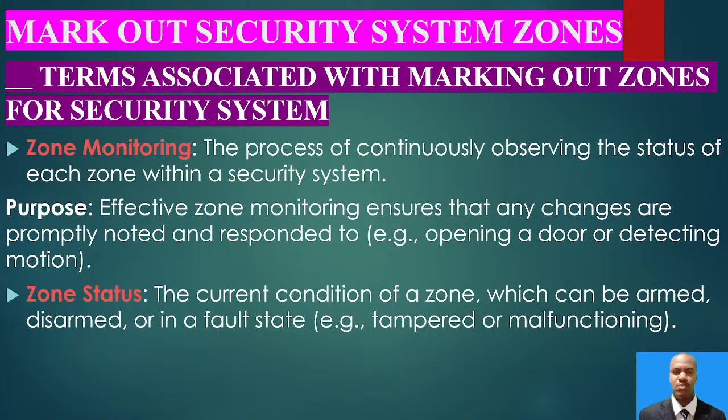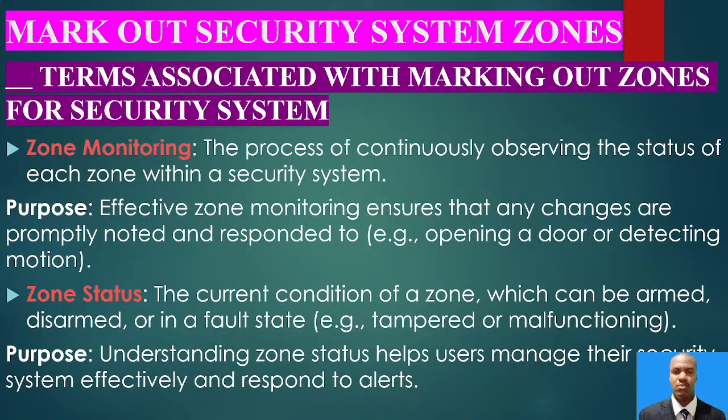So with the correct view of the zone status, it helps you determine whether the zone should remain armed, whether the zone should be disarmed immediately, or whether there is any faulty condition in a specific security system component. Are the components functioning as expected? So understanding zone status helps users to manage their security systems effectively and respond to alerts efficiently.